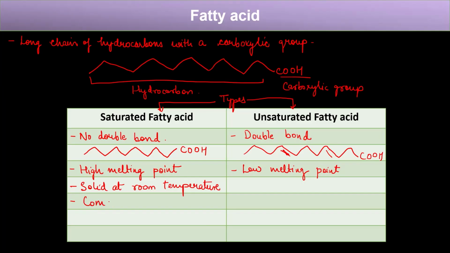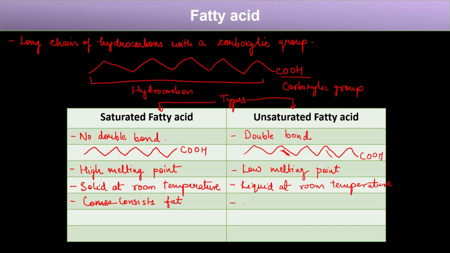Okay. So saturated fatty acid consists of fat. While the unsaturated fatty acids, they are liquid at room temperature. So we always see in our houses that there are certain lipids that are liquid at room temperature.